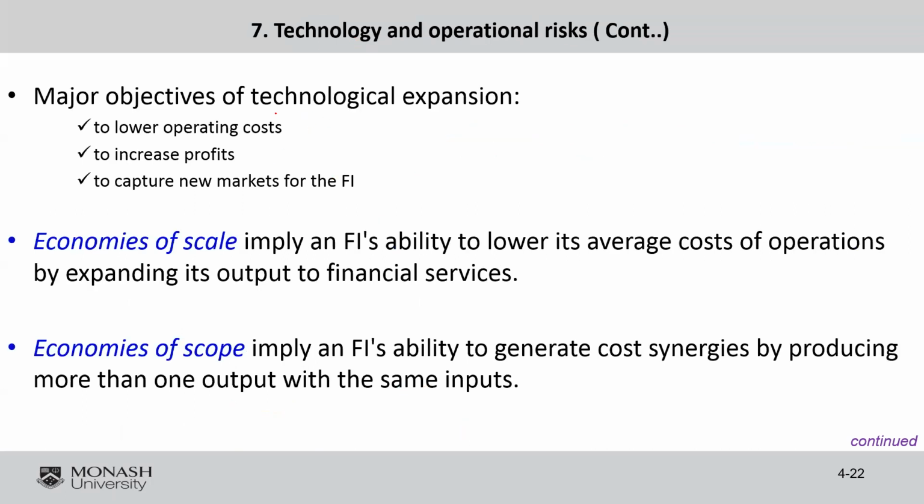Now, what is the purpose of the technology? It is actually to decrease cost, to increase profit, and to capture new markets. And if you are not able to do this, and you have to substitute the systems, then actually you are under technology risk. There are two terms here. Something called economies of scale, and we already know it, which is the ability to lower the average cost of operations by expanding its output of financial services.